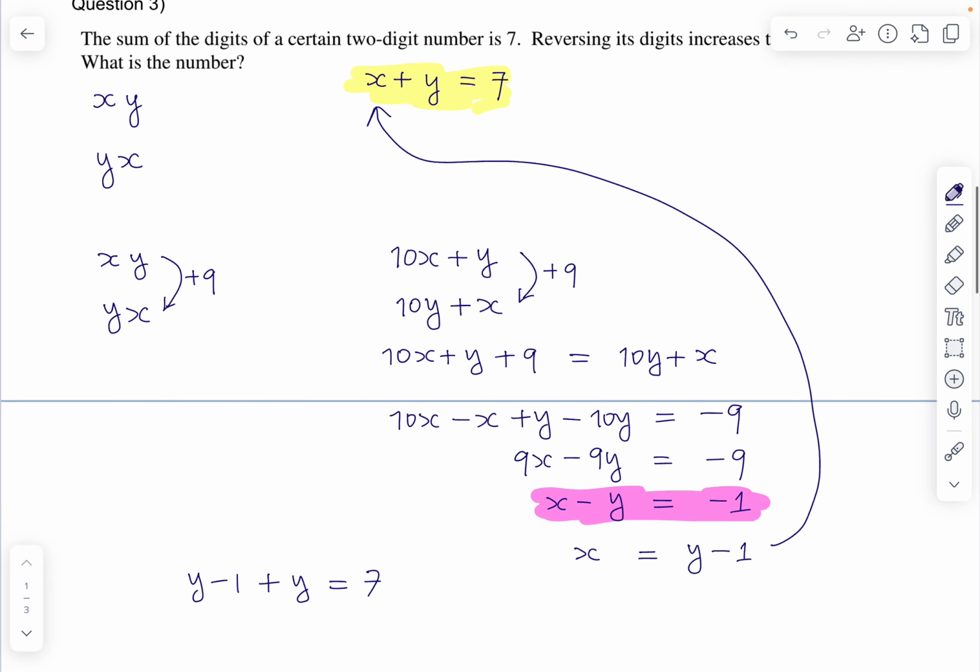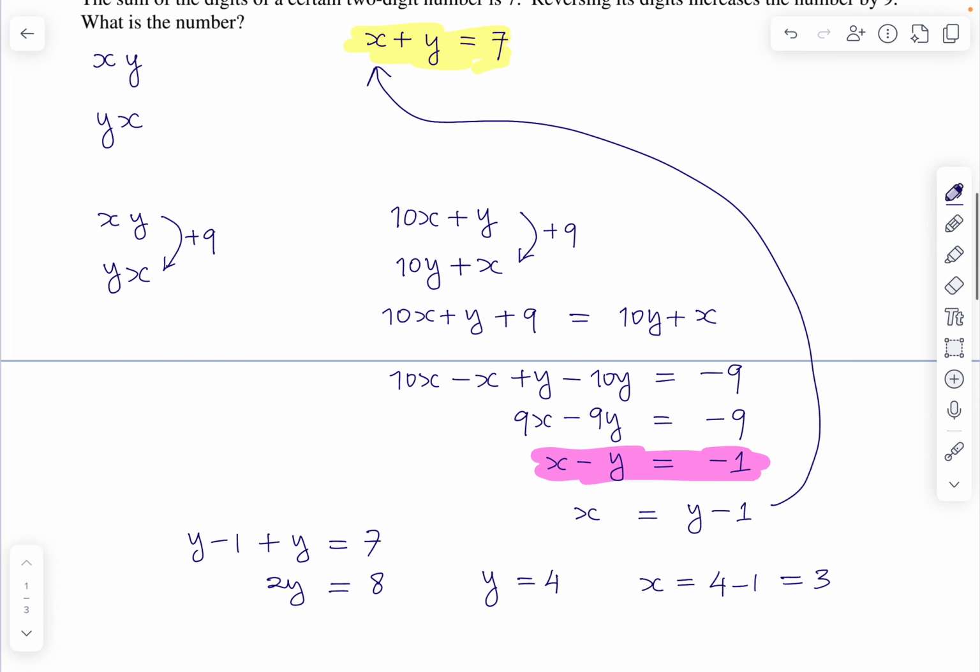If we add the two y's, we will have 2y, and adding 1 to both sides, we will have 8. So the value of y is 4. And if y is 4, x must be 4 minus 1, so x is 3. So we end up with y equals 4 and x equals 3.